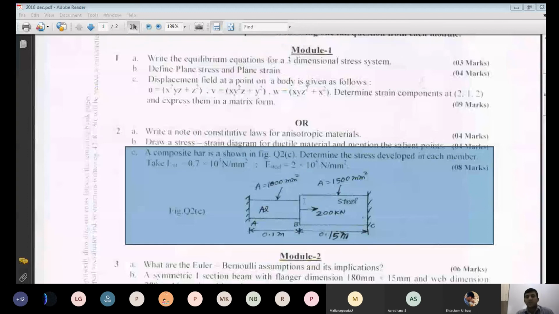Finally, you will get P1 plus P2 equals 200 into 10 raised to the power of 3. Call that equation number 1.